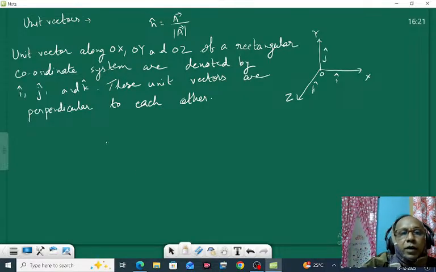And the modulus of i vector is equal to modulus of j vector equal to modulus of k vector, and that is equal to 1.